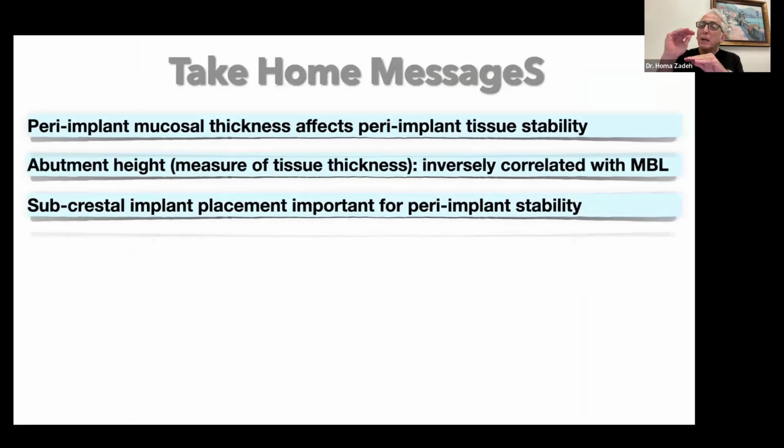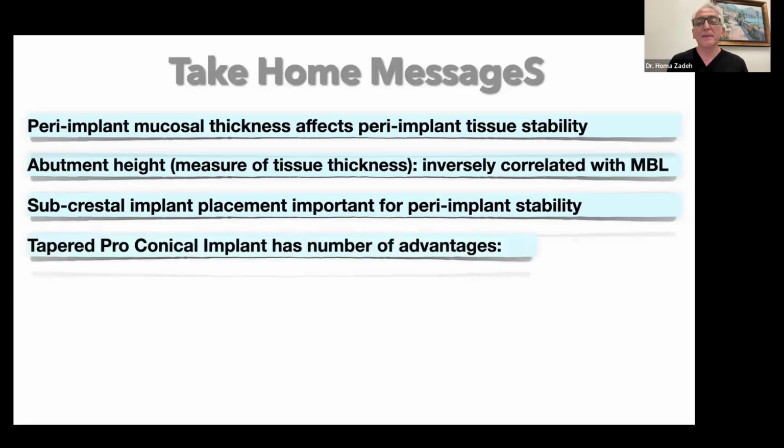That increases the abutment height, that increases the tissue thickness, and it avoids having exposure of the rough surface of the implant to the oral environment. But keep in mind, you cannot put just any kind of implant subcrestally. It has to be implants that have specific quality, especially they need to have a conical connection.